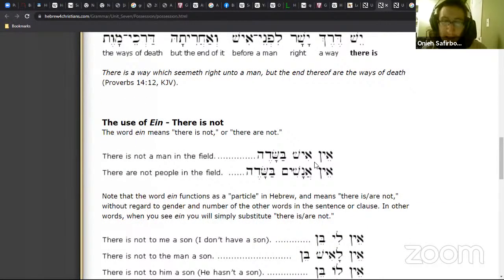Ayin means not. Man in the field. Or it means like the opposite of exists. So you could render it not exists or does not exist.